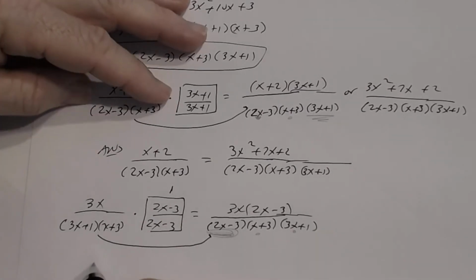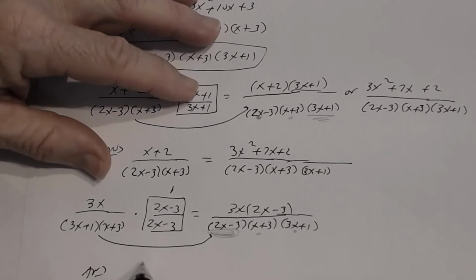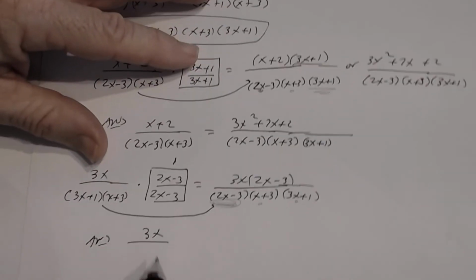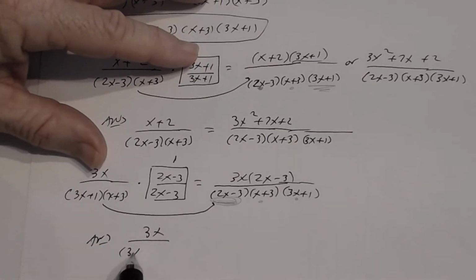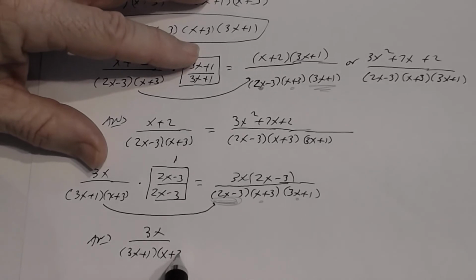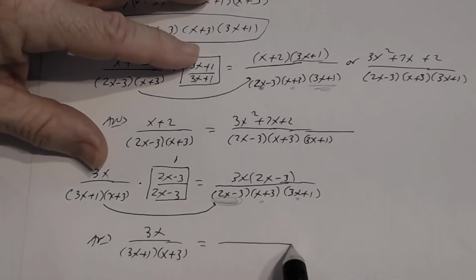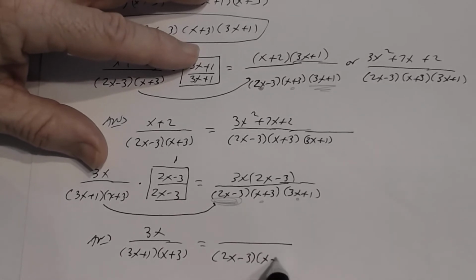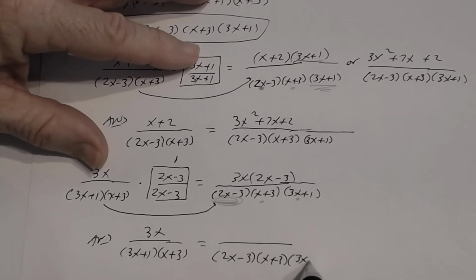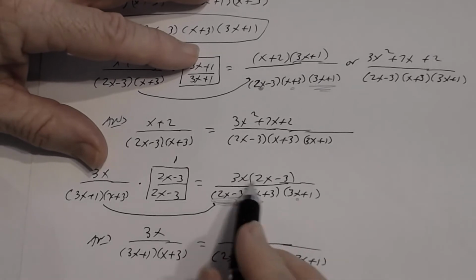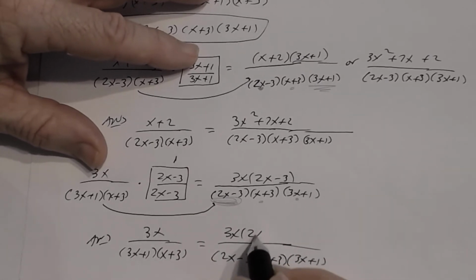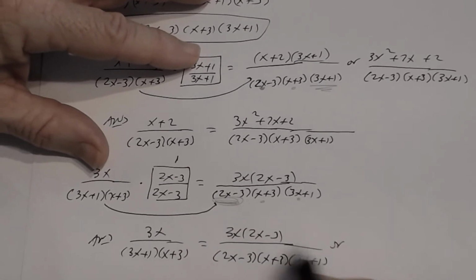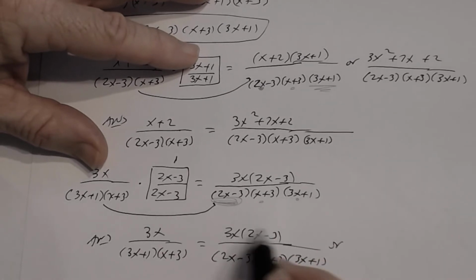So your answer: 3x divided by this product is equivalent to this rational expression with this denominator. And then if you want to, you can leave it in factored form, or you can distribute.